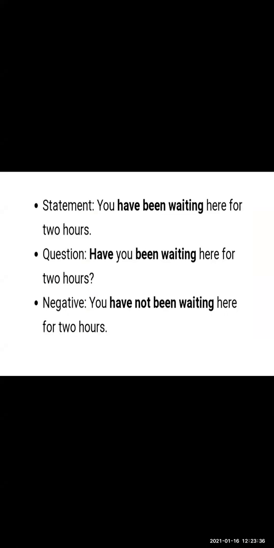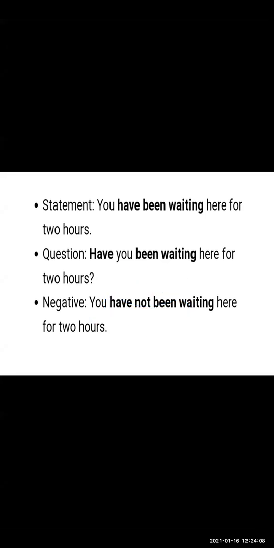Second example, this is a question. That means you are asking someone a question. And the third sentence is a negative sentence. Okay. You have not been waiting here for 2 hours. Have not been, because this helping verb we use to show the present tense.